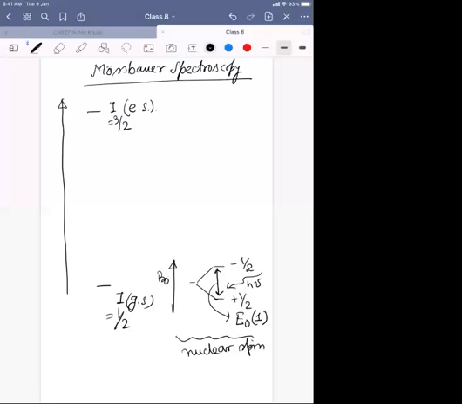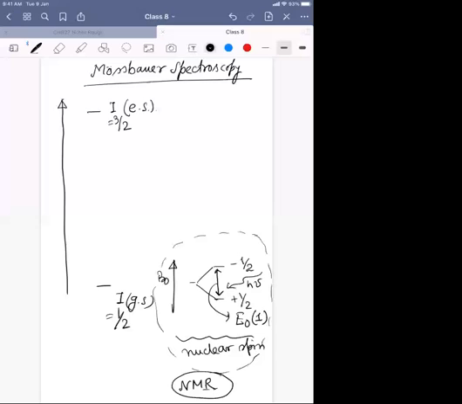I'm going to see the signal only because of the flipping of the nuclear spin. So what I'm talking about is the change in the nuclear spin state in the presence of a magnetic field, and that is the region of NMR, nuclear magnetic resonance.